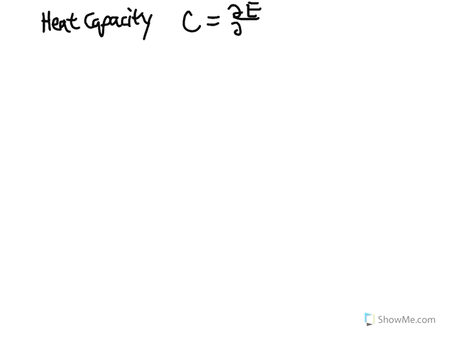Anyway, getting back to heat capacity. So I should first talk about what heat capacity is. Heat capacity, I'm going to give it the symbol C, and C is equal to the derivative of energy with respect to temperature. And usually the way that people are introduced to heat capacity is through the idea of specific heat.